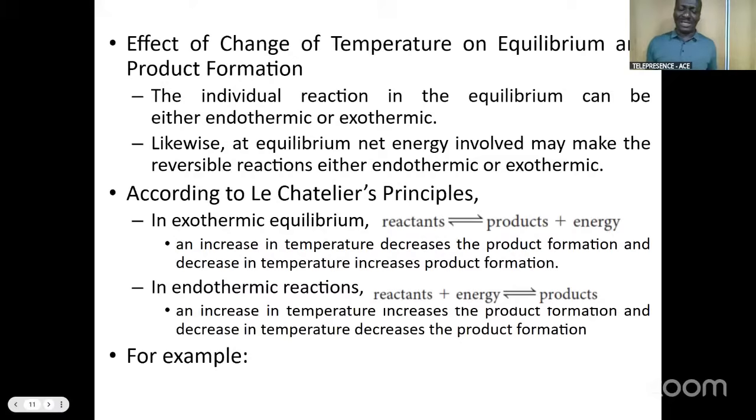For an endothermic process, since energy is part of the reactant, an increase in temperature will favor the direction that consumes energy, and that is the product formation. So therefore, when there's an increase in temperature for an endothermic process, the equilibrium will shift to the right, favoring product formation.